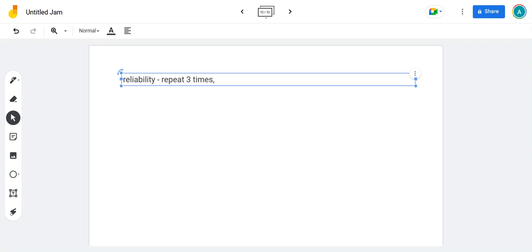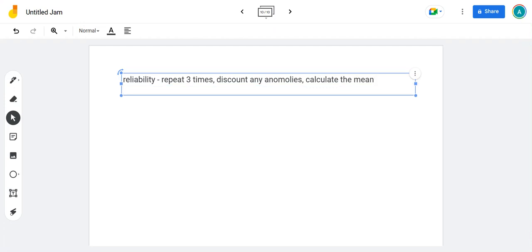You should discount any anomalies, don't include them in your average. If you get two that are similar, one that's different, don't use the one that's different. And ideally, repeat it 4 times, so you've then got 3 good ones to take a mean of. Then calculate the mean. Makes it much more reliable.